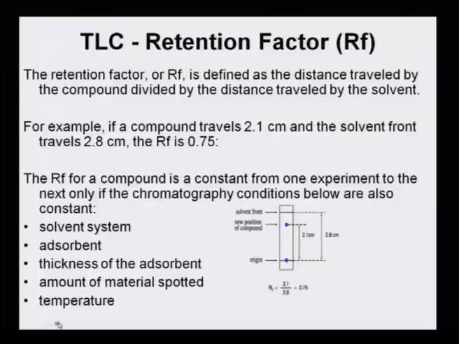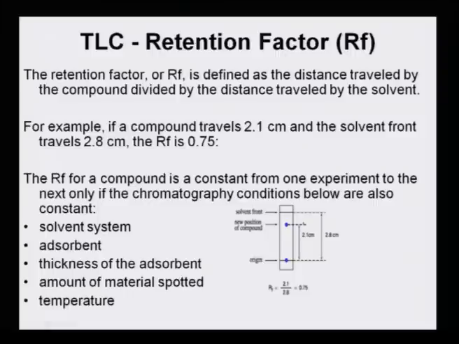You can see this here very clearly, that this is the solvent front and the compound was originally spotted here and then it eluted to a new position, and that traversing was 2.5 centimeters, whereas the solvent actually travelled up to 2.8 centimeters, and that is how one calculates the RF factor or the retention factor.